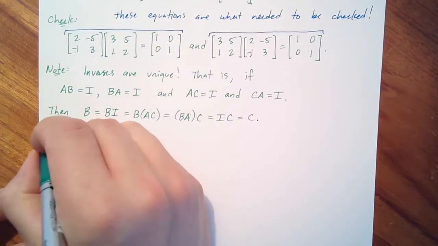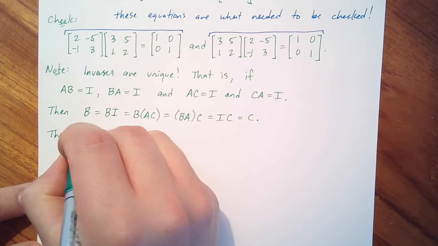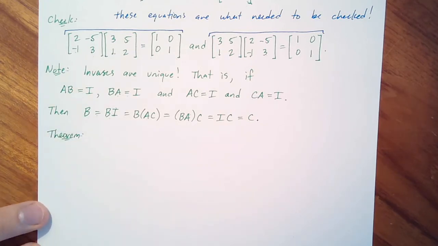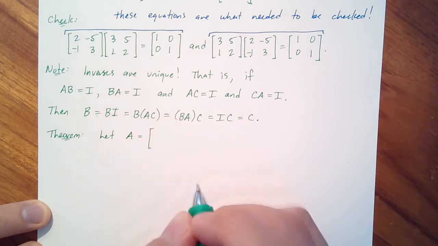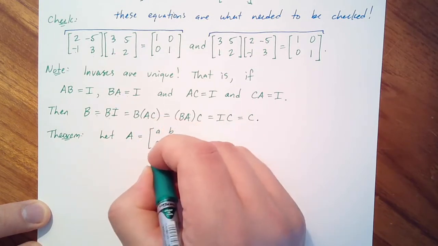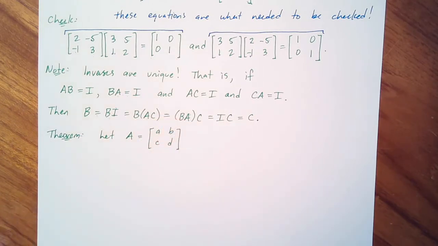So here is a theorem. We'll start by writing down a general 2 by 2 matrix. I've just written A, B, C, and D to represent its 4 entries. Now there are 2 claims to this theorem. The first claim is as follows.